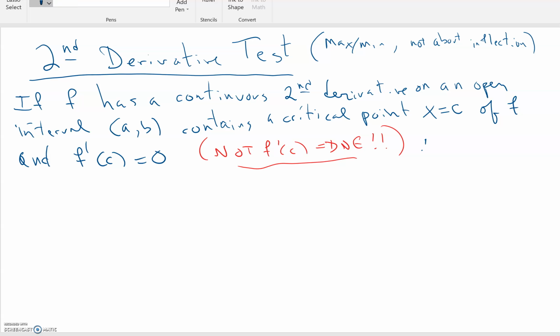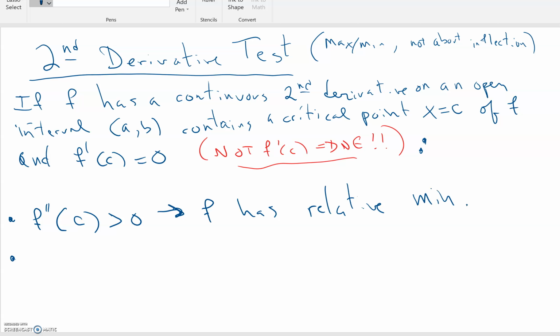But if all of that is true, and we evaluate the following: if we evaluate f double prime at the critical point and it's positive, then f has a relative minimum. So it's kind of the opposite of what you might have thought.